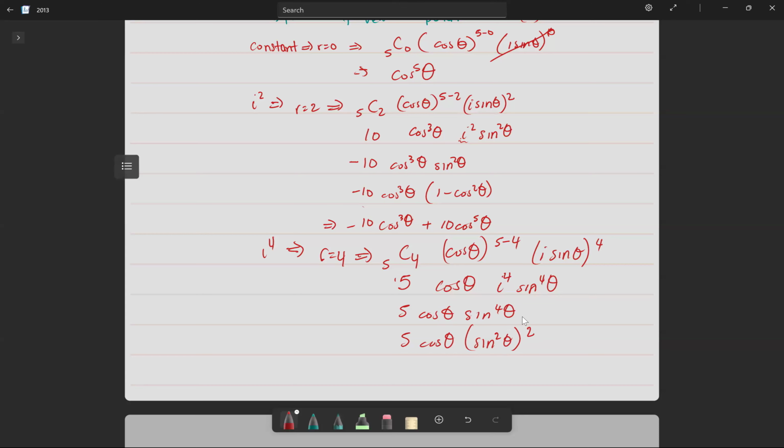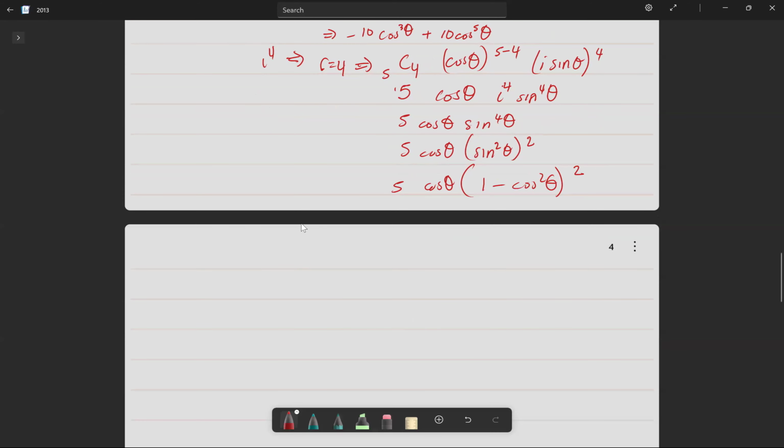This is now 5 cosine theta sine squared theta raised to the power of 2. Now, if you know the identity for sine to the fourth, then you wouldn't need to write sine squared to the power of 2. This is if you didn't know the identity, and I assume most people don't know the identity. So that's 5 cosine of theta, 1 minus cosine squared theta, squared.